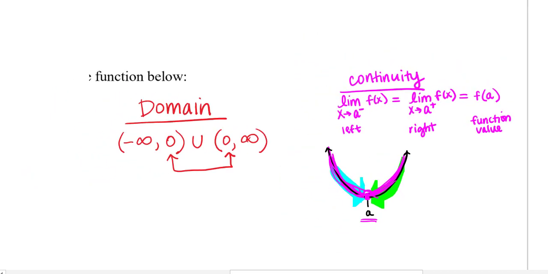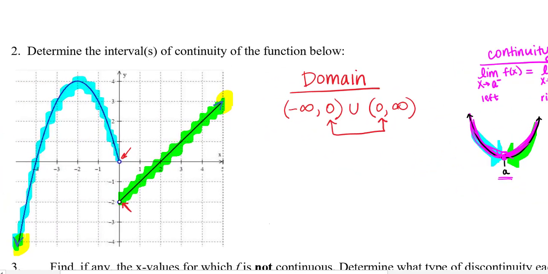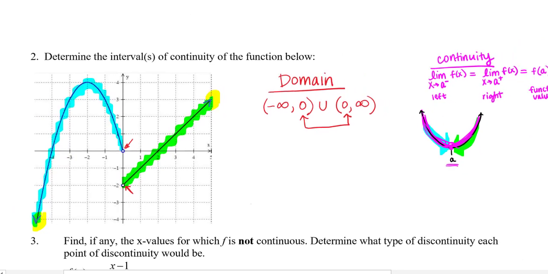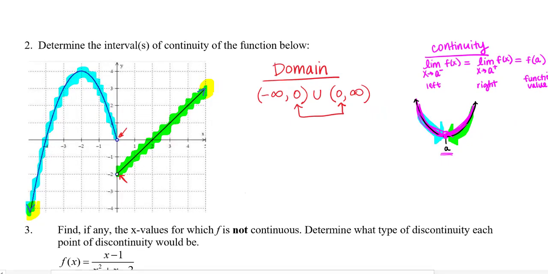Okay, so if we take a look at this graph, whether you understand the definition in terms of calculus or whether you just understood the idea of domain, I can say, where is this function continuous? Well, it's continuous everywhere except x equals 0. So it's going to match my domain in this example, right?